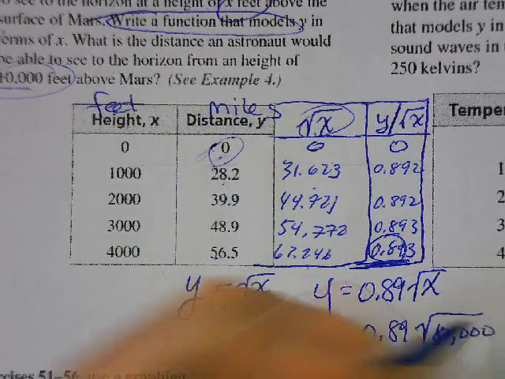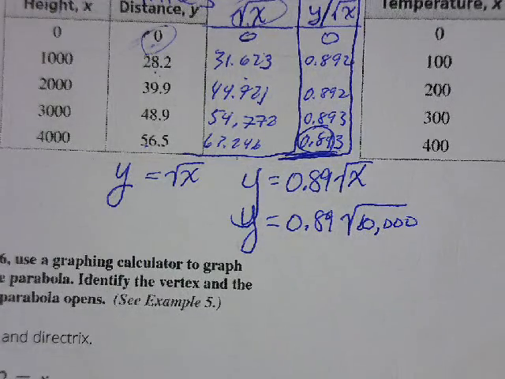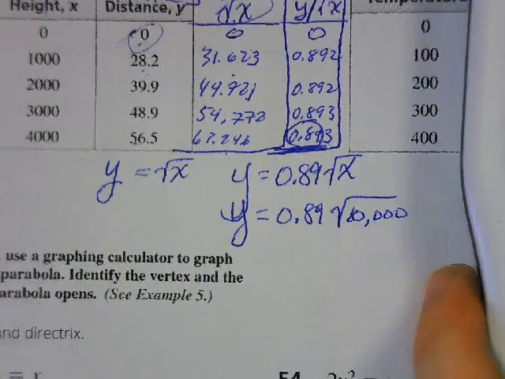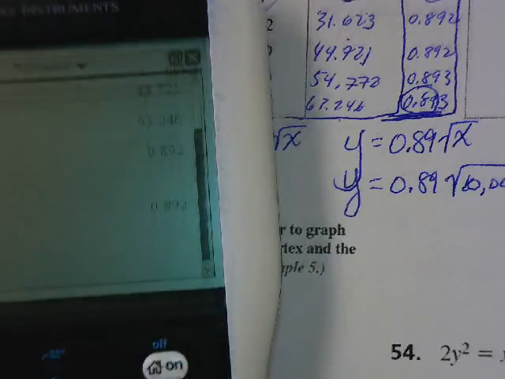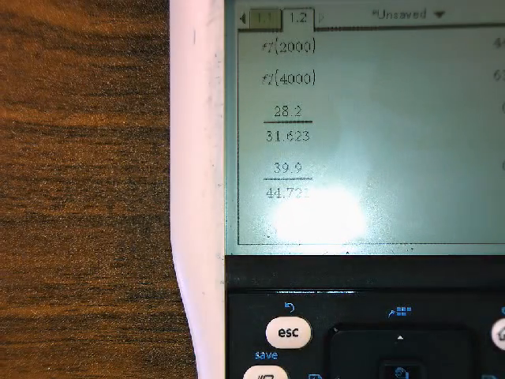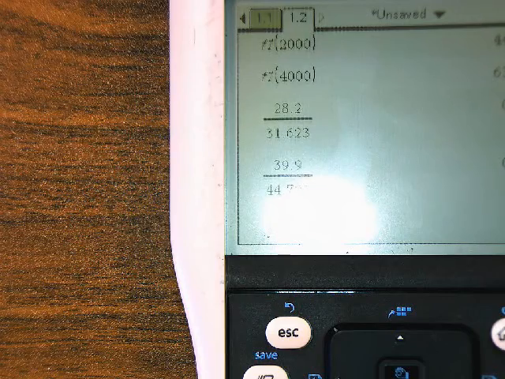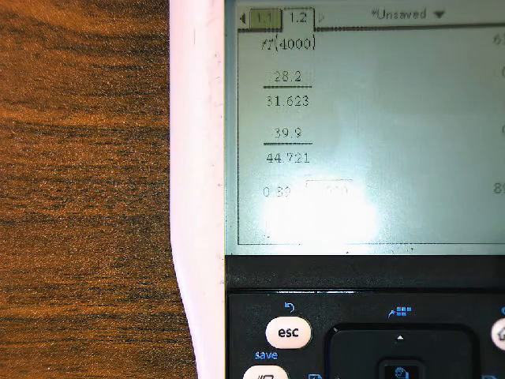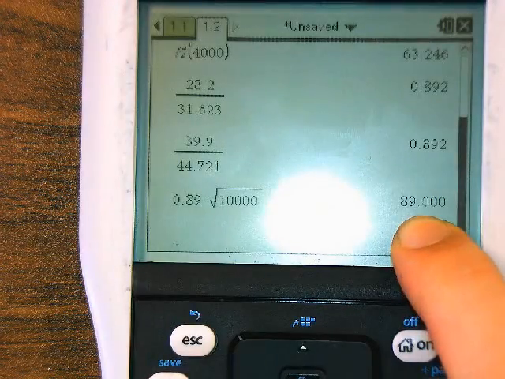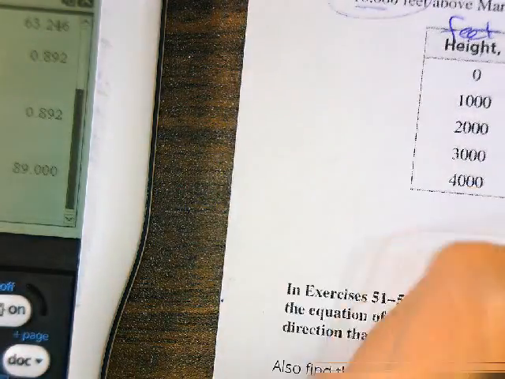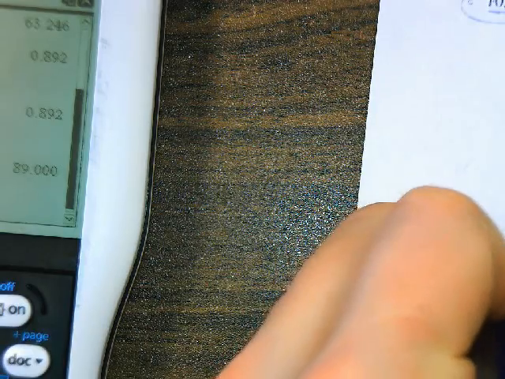Alright, so let's see here. What is 0.89 times the square root of 10,000? And it equals 89. So 10,000, 89 is the coordinate point that they're talking about.